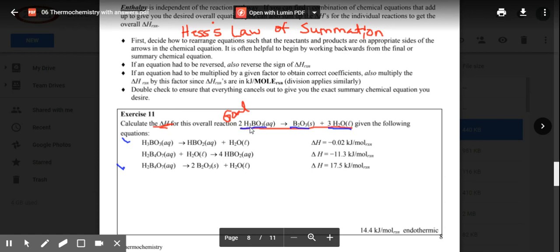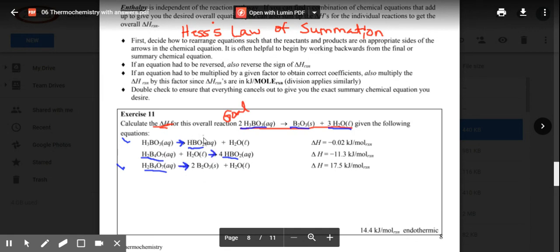The only three things that we want in my equation are H3BO3, B2O3, and H2O liquid. Well, you notice that we have some stuff like HBO2 and H2B4O7 that we do not want in the equation. So somehow we need to eliminate these. In order to eliminate this stuff, I have to have the same amount on both sides of my yield sign.